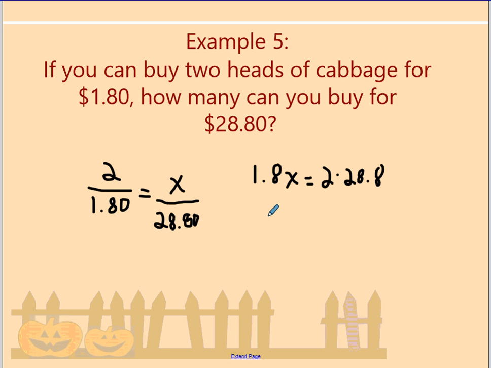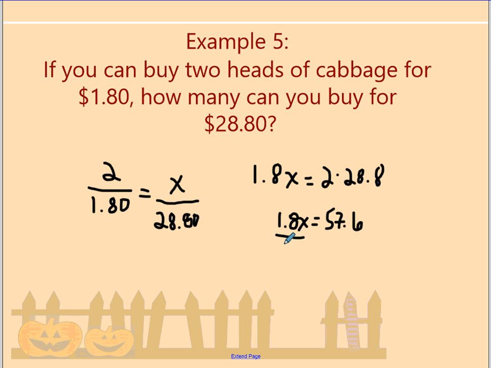All right, so 2 times 28.8 is 57.6. So I'm going to do 57.6 equals 1.8x.